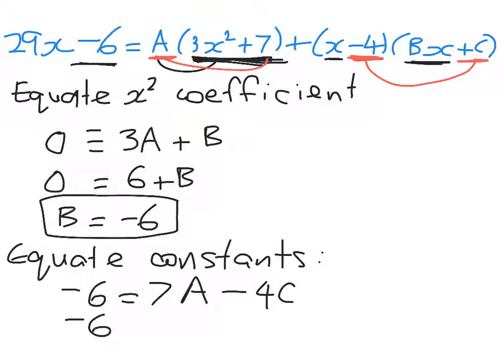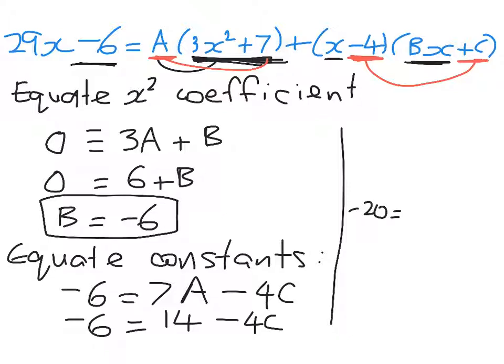Substituting in, we don't know c, but we do know a. We've got negative 6 is equal to 7 2s are 14 minus 4c. Let's pop up here and solve that. We get negative 20 is equal to negative 4c, and c is equal to 5.